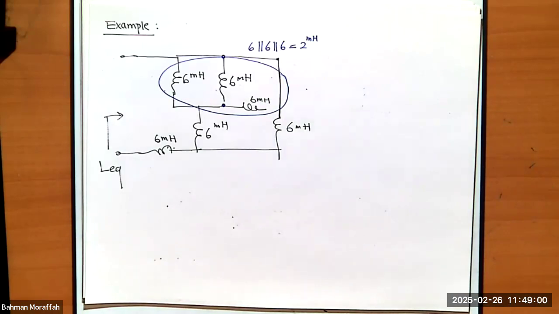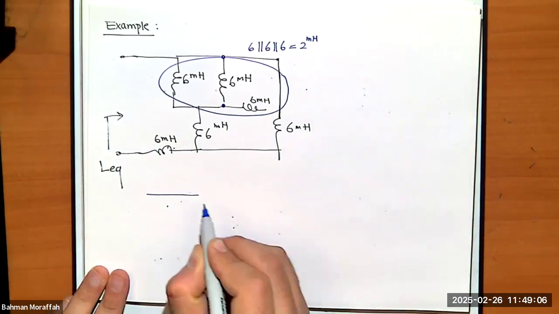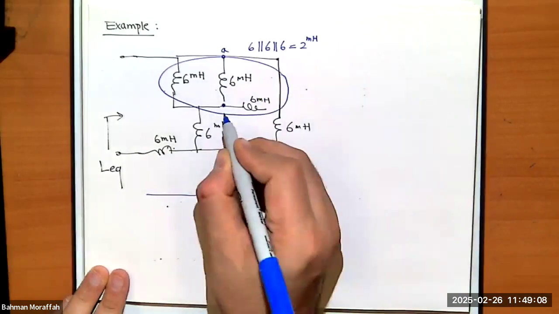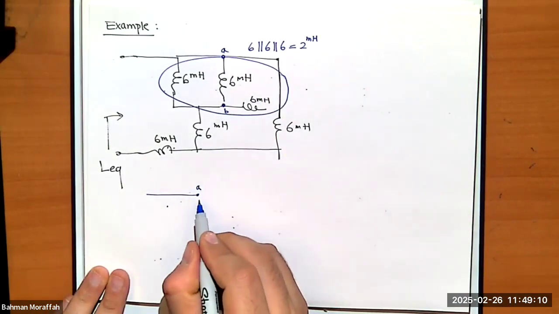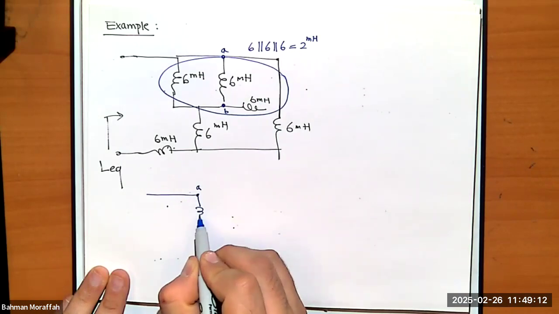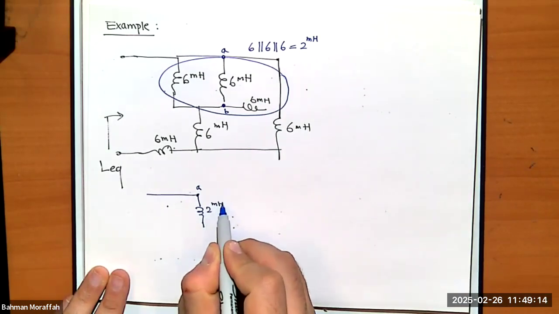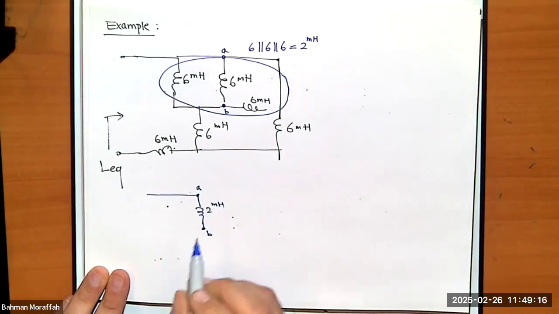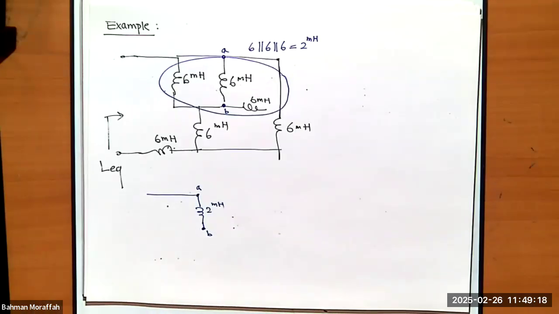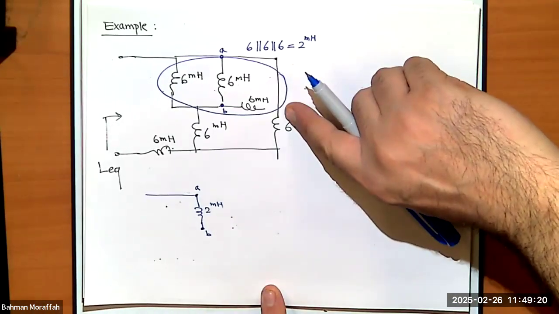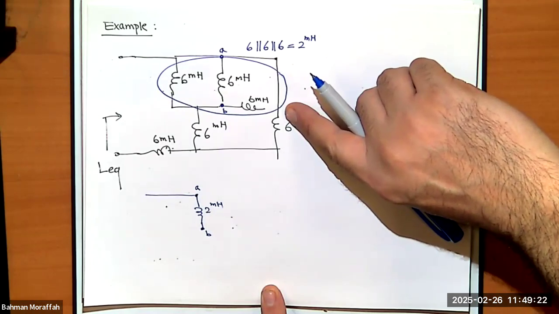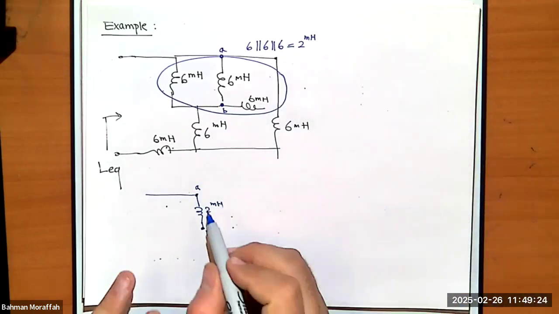So what do I have? Let me redraw the circuit. Again, let's just call this A, call this B. This is A. I'm going to have a 2 millihenry between A and B. Where does this one go?